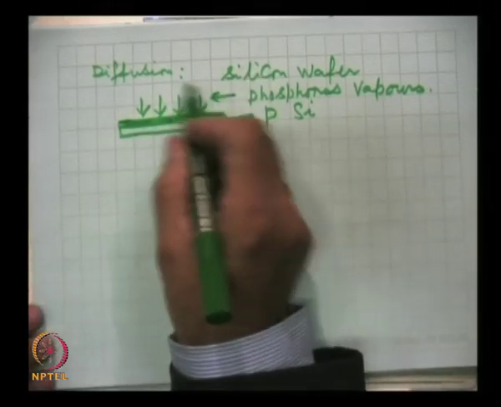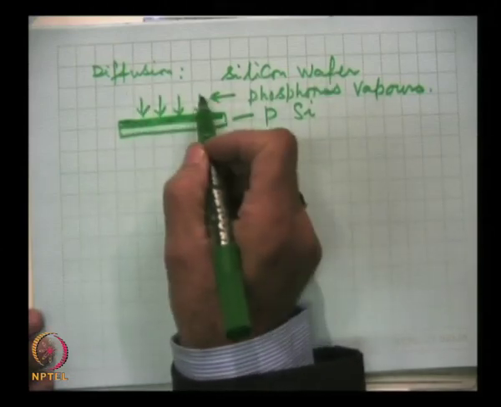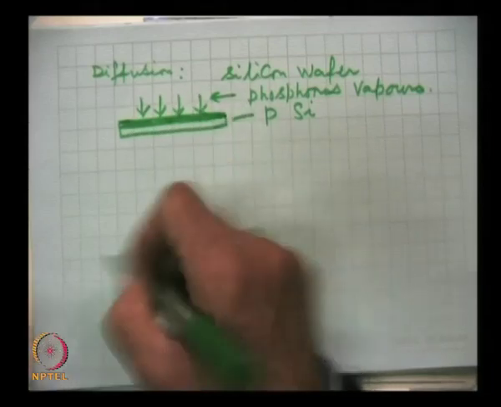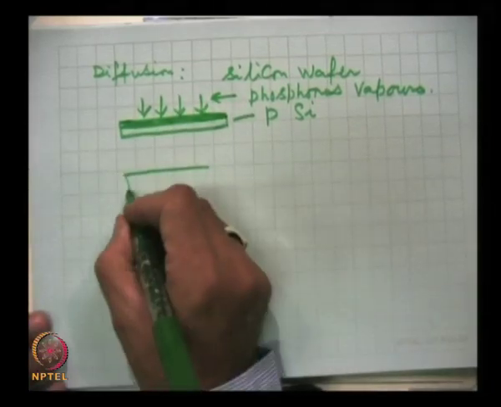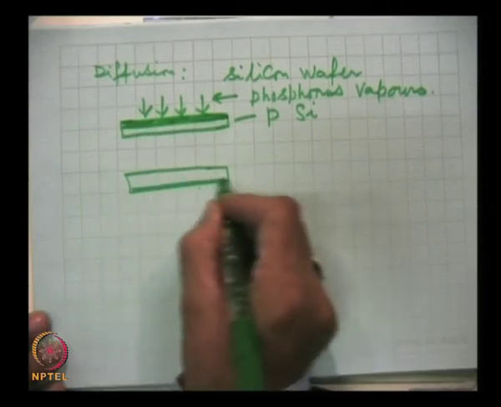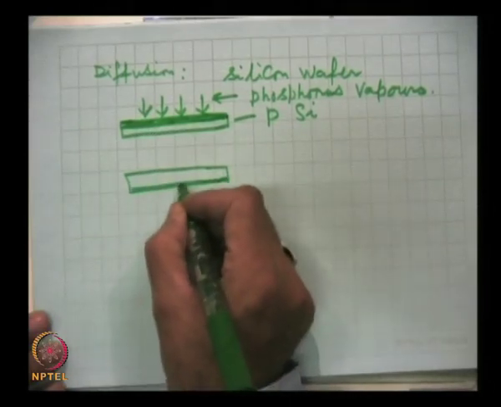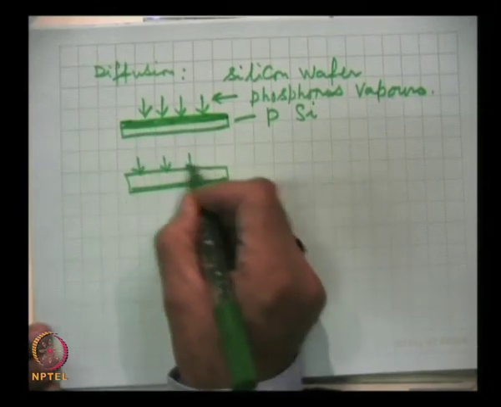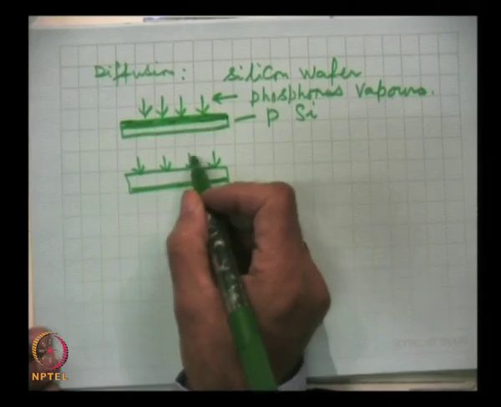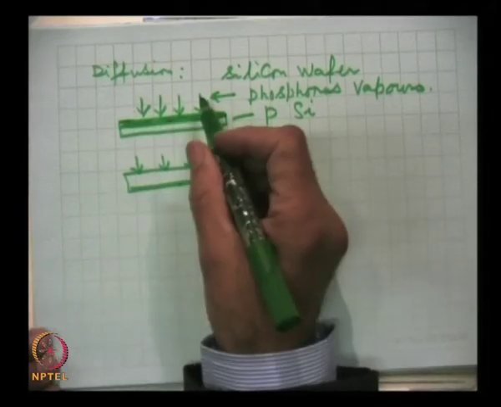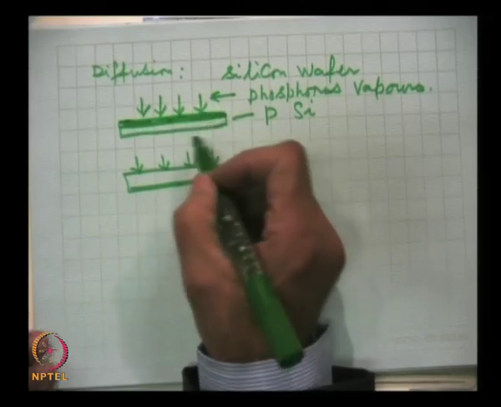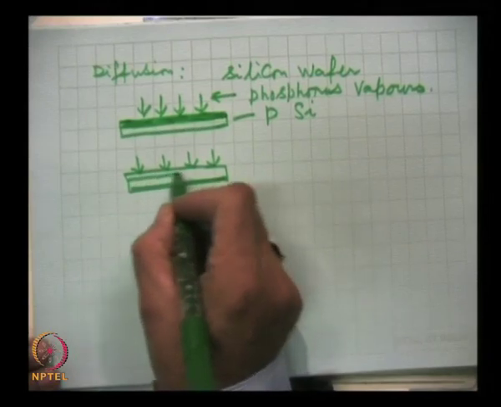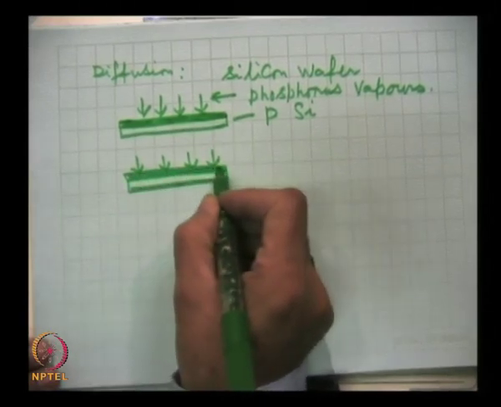the concentration of the phosphorus in the vapor pressure, and there are several controlling parameters. So, when we reverse it, this already contains the n type semiconductor here, then we again expose it to a pentavalent impurity of different vapor pressure, and an n type semiconductor will be created here.